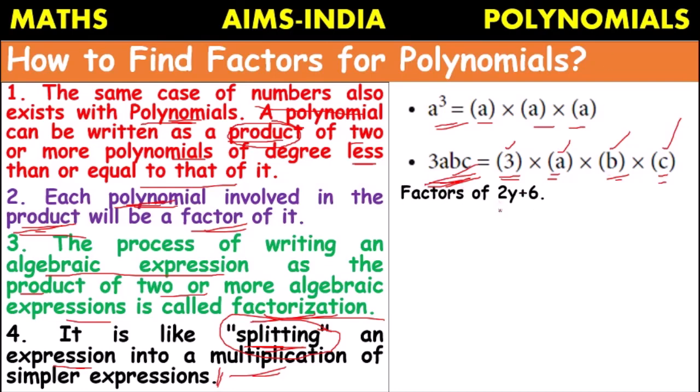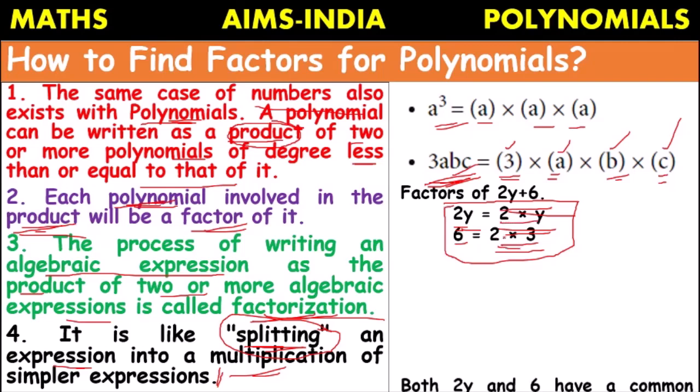I want to find the factors of 2y plus 6. Here, how can I write 2y? 2 into y. And how can I express 6? As a product of 2 into 3. If you observe these two expressions, 2 is common.